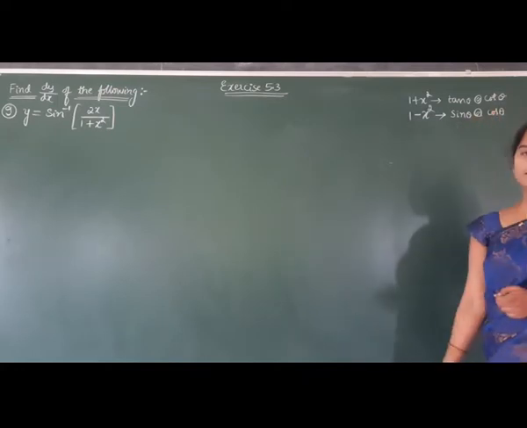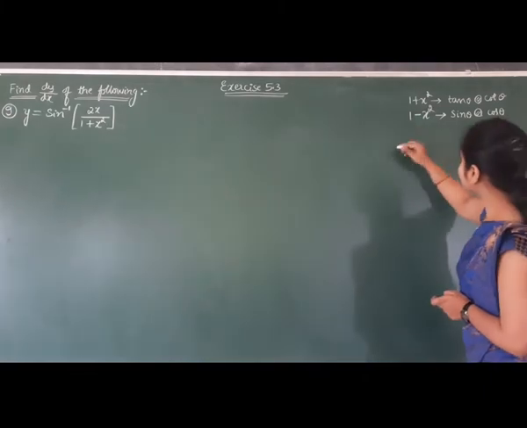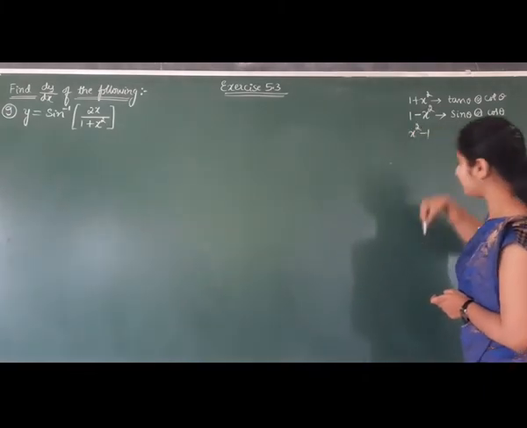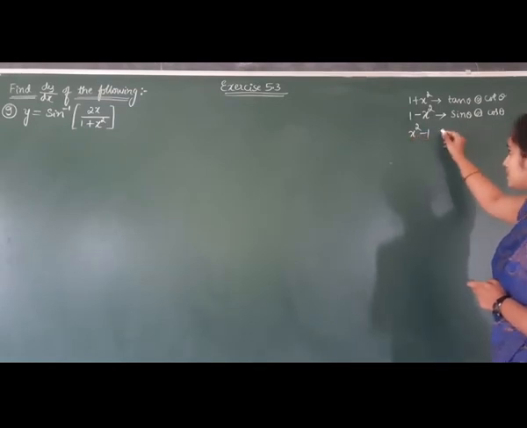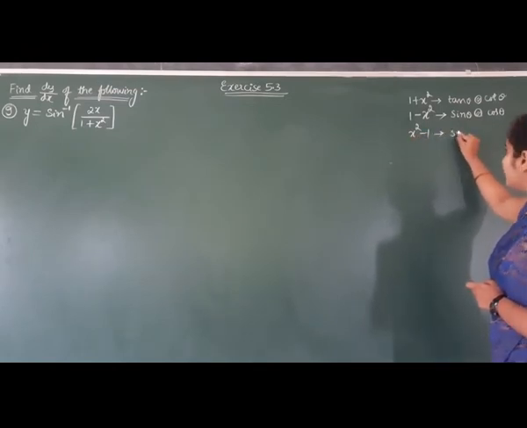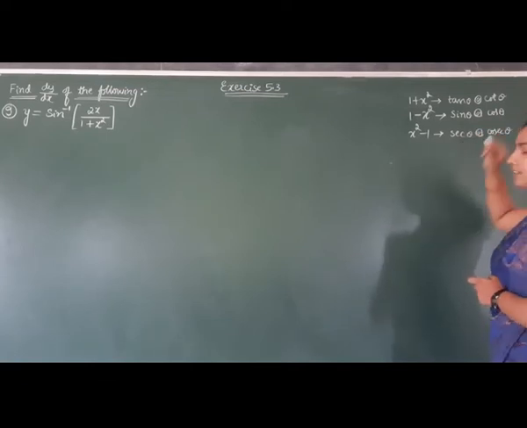Okay? Either sin theta or cos theta. If an equation contains x square minus 1, then we substitute either secant theta or cosecant theta.